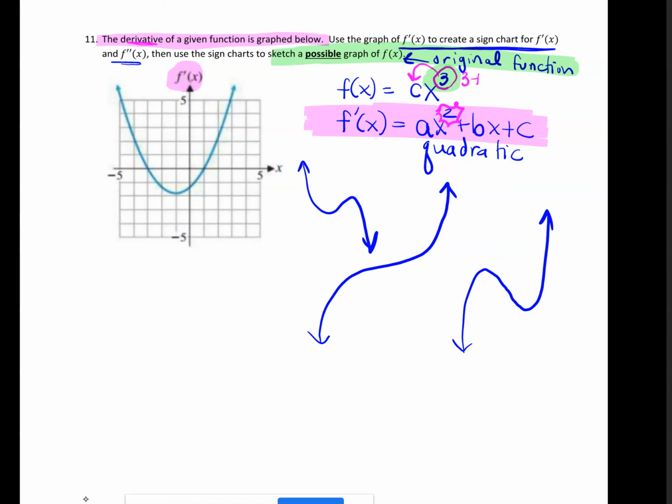So I'm actually going to shrink this real quick. Move it over here. Okay, here we go. So we are going to make a first derivative sign chart.